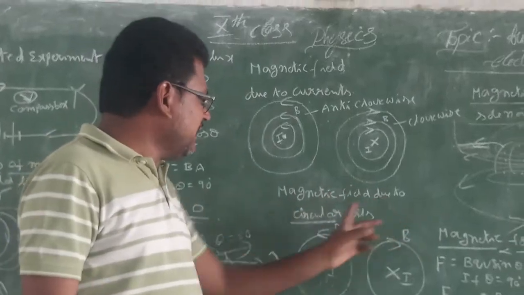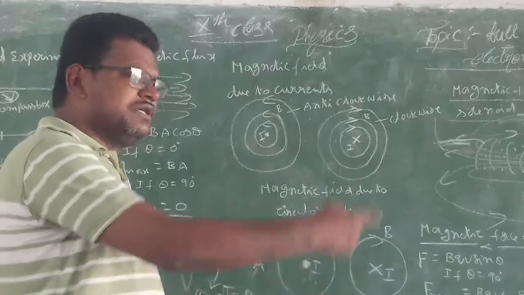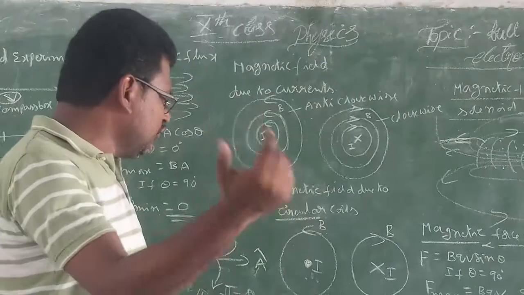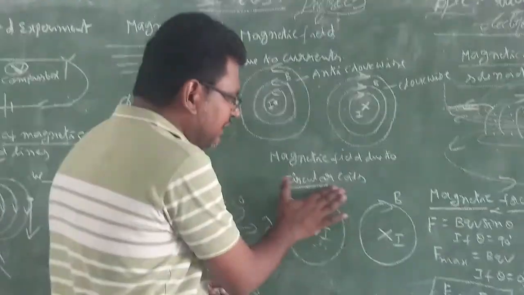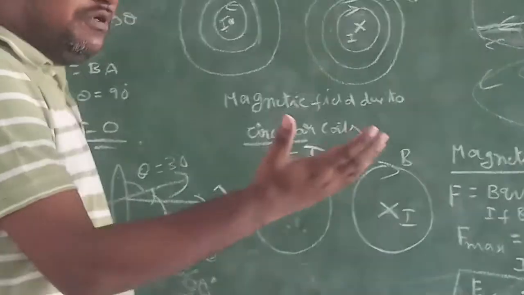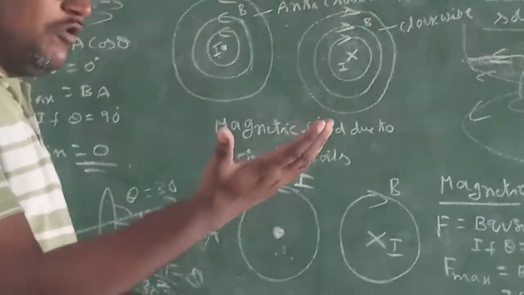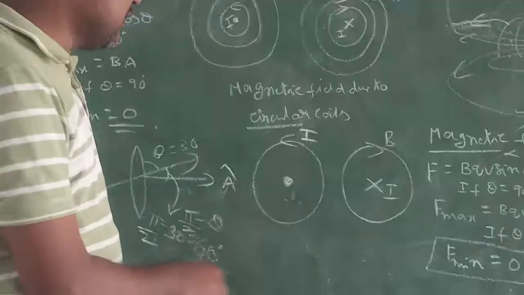Next, let's see magnetic field due to a circular coil. Suppose current is flowing in a circular coil. To know the direction of the magnetic field produced by the current, we have to take our right hand thumb rule. We curl the fingers in the direction of the current, then the thumb represents the direction of the magnetic field.